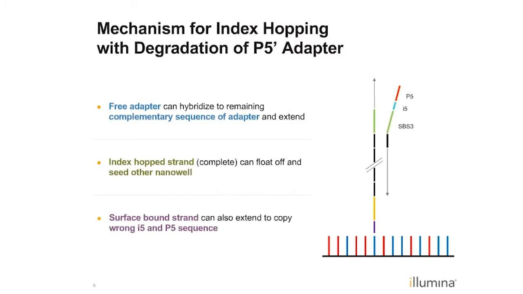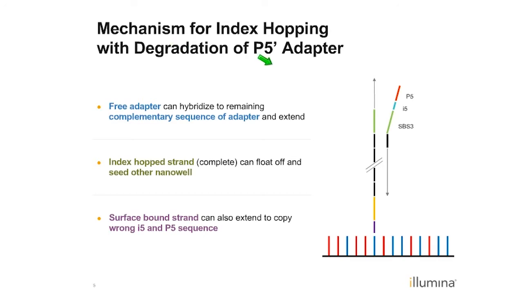So here's an example of one of the mechanisms that we believe is happening during an index hopping event. Essentially, index hopping leads to what you might think of as a molecular recombination event between the two ends of two different molecules. And one of the biggest drivers, and you'll see this as a theme throughout the presentation, is that free adapters can cause a lot of these effects.